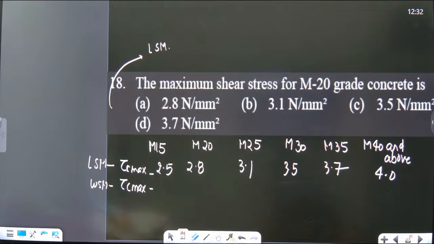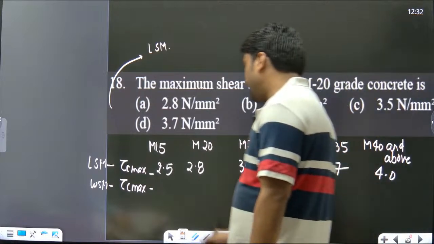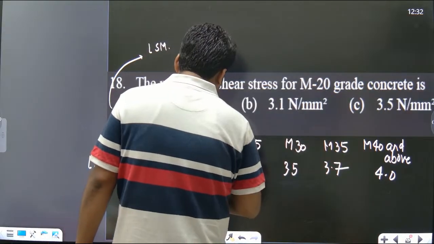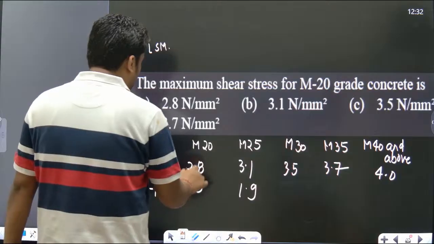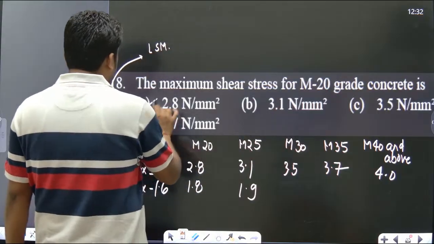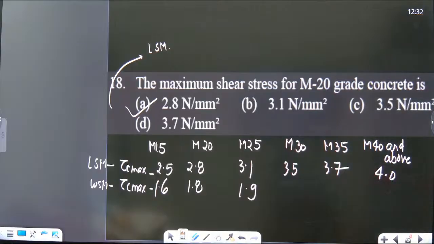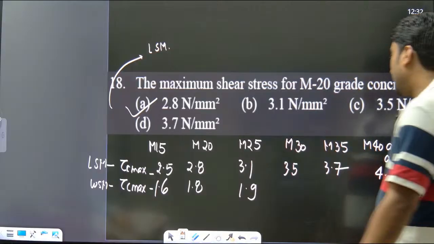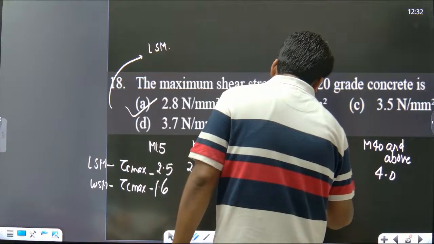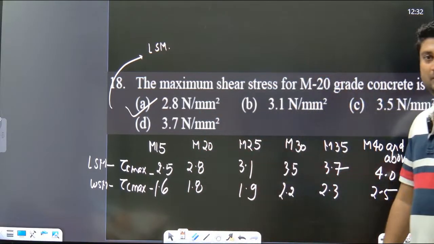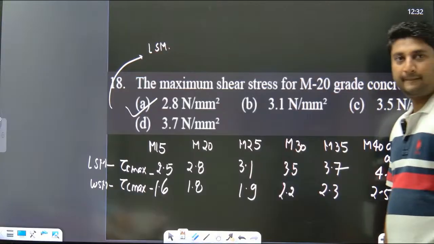These values you need to remember: 1.6, 1.8, 1.9. So you can see you are asked for M20. So 2.8 and 1.8. There is no option 1.8, hence you will go for 2.8. 2.8 is the correct answer. Option A is the correct answer.